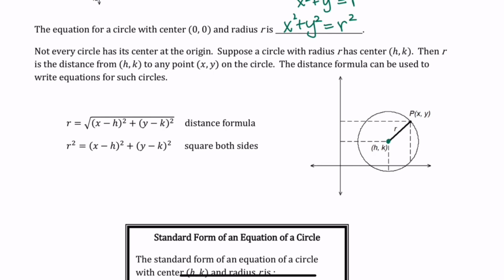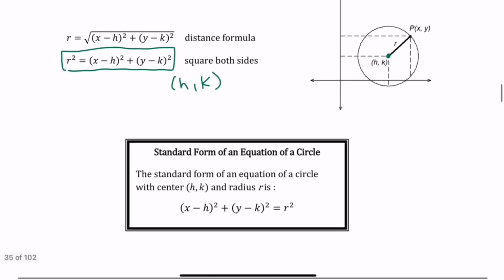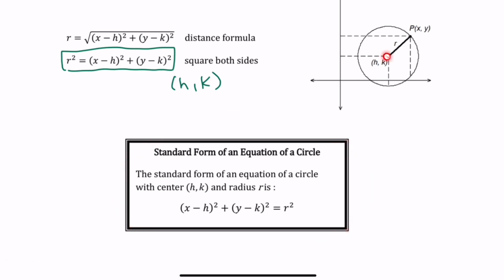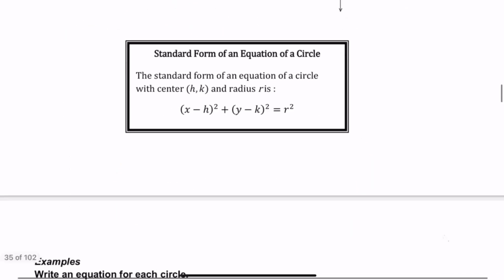So I have the square root of (x minus h) squared plus (y minus k) squared. And if I square both sides, this will be my equation with center (h, k). So this formula is right here. This is any circle where the circle is not centered at the origin.